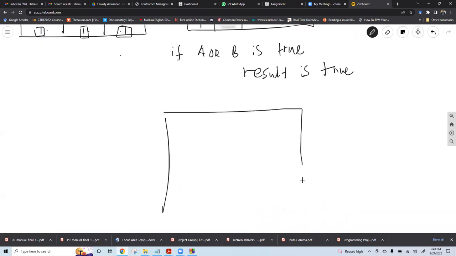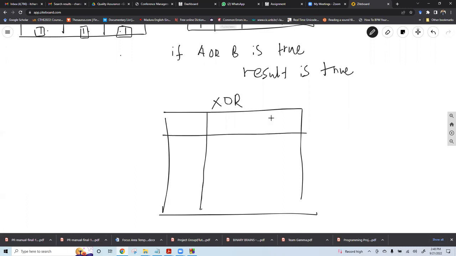So exclusive OR. A B, 0, 0, 1, 1. XOR means it is true.